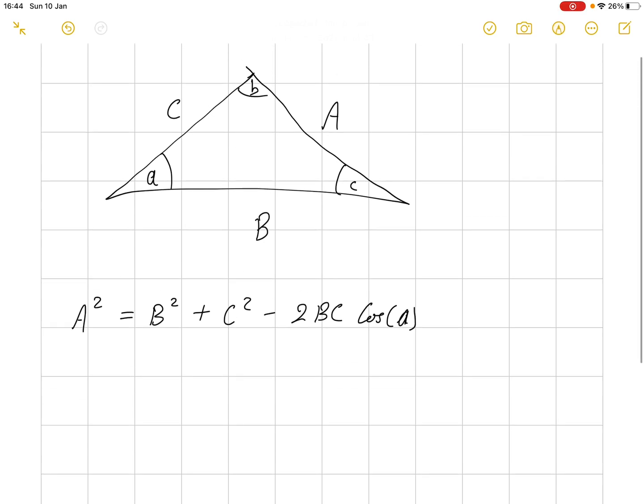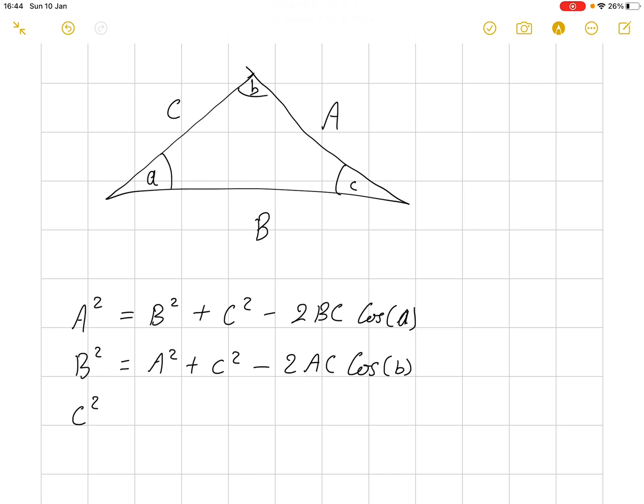And equivalently, of course, that b squared is equal to a squared plus c squared minus 2ac cos little b, and lastly c squared is equal to a squared plus b squared minus 2ab cos little c.